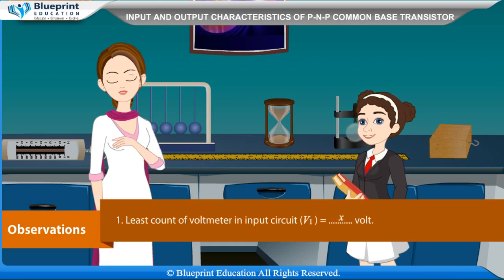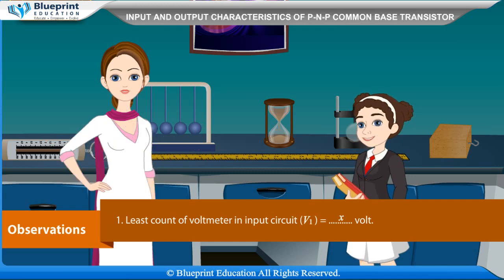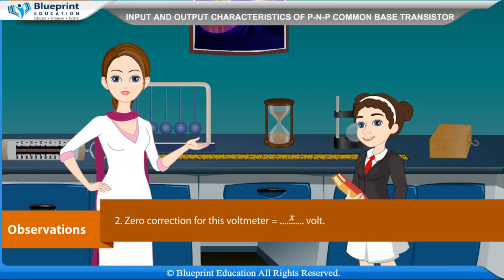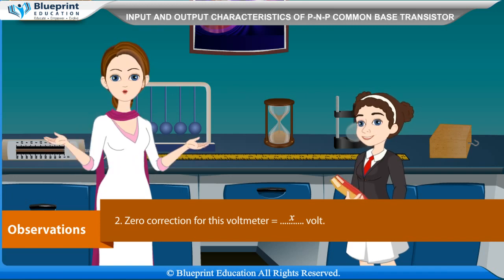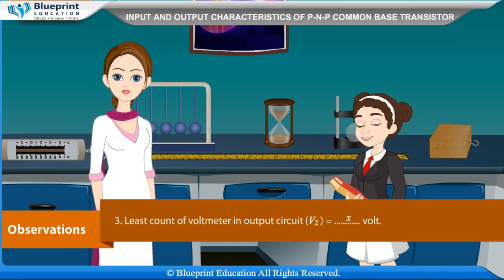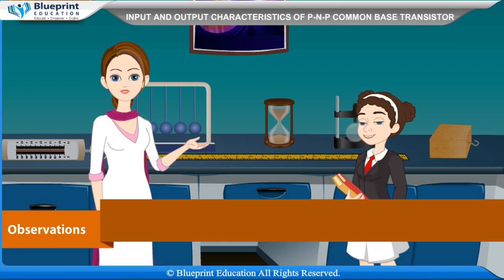Observations. Least count of voltmeter in input circuit V1 is equal to X volt. Zero correction for this voltmeter is equal to X volt. Least count of voltmeter in output circuit V2 is equal to X volt.